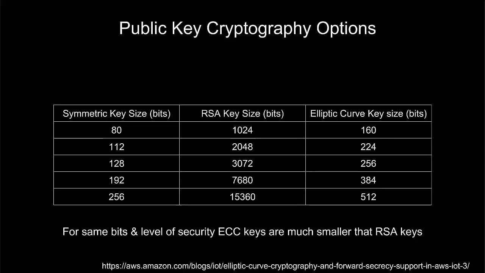You still get the benefits of asymmetric cryptography with differing keys on each end of the connection, public and private keys, but using ECC you're using shorter keys, and that can reduce power overhead in the devices by reducing the level of computation required for encrypt and decrypt operations. If you want to read more about that, it's probably beyond the scope of this webinar to go into it in much more detail. Grab the slides, follow the link at the bottom of the slide here, and you'll find more information about ECC cryptography with AWS IoT, which was a release that we did last year.